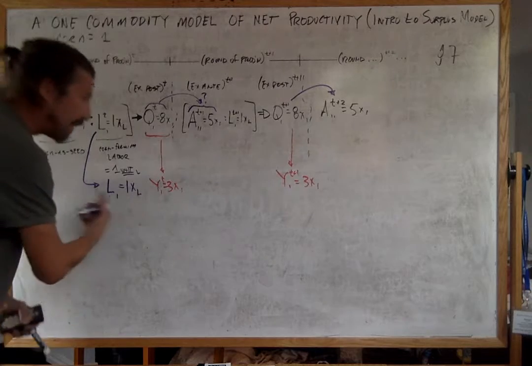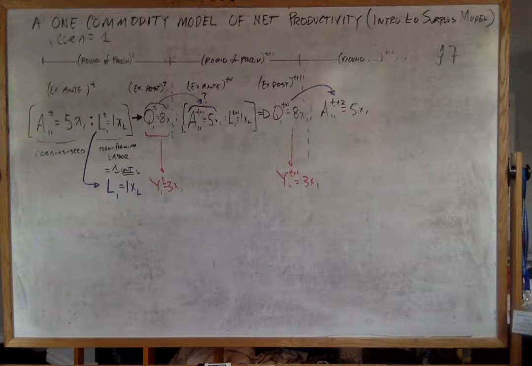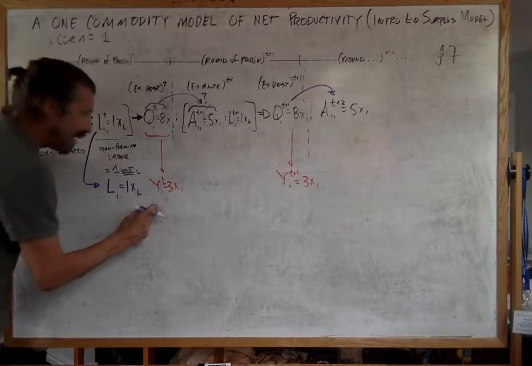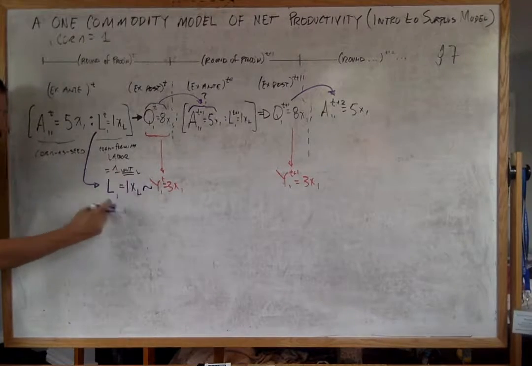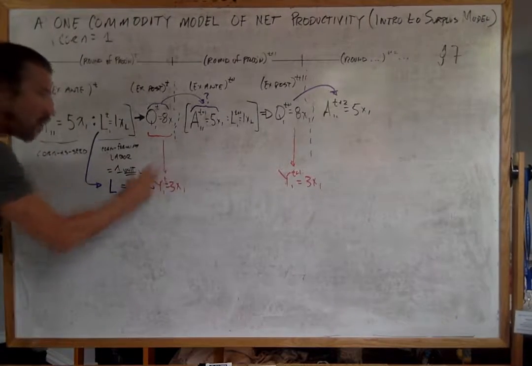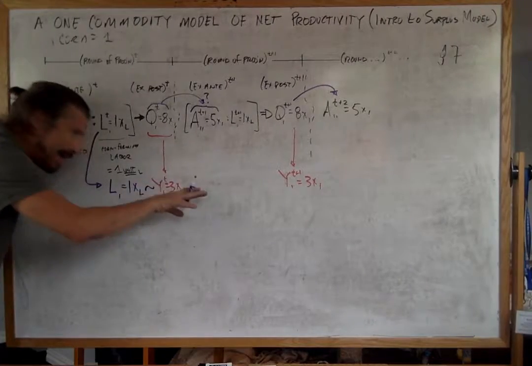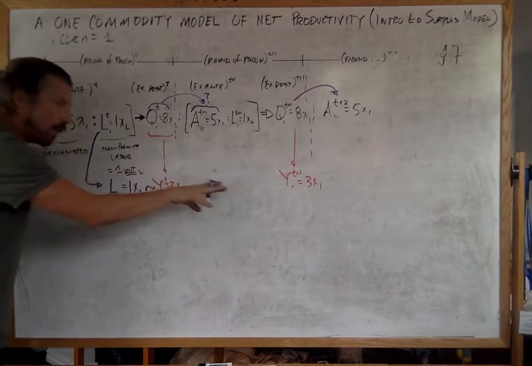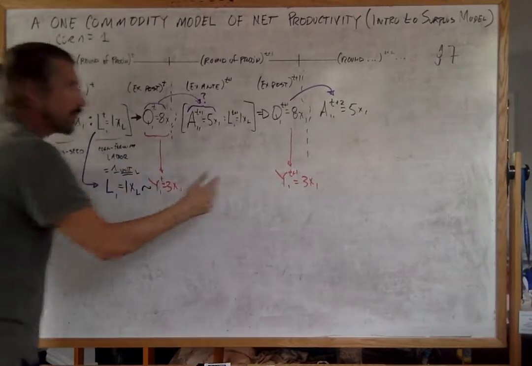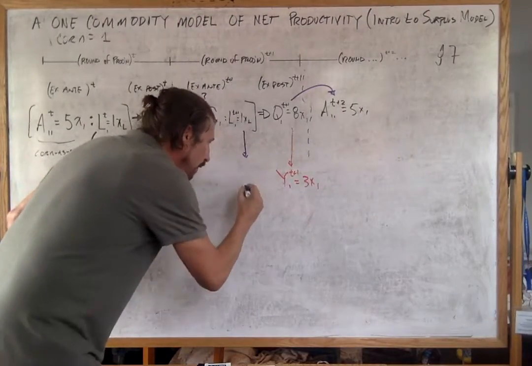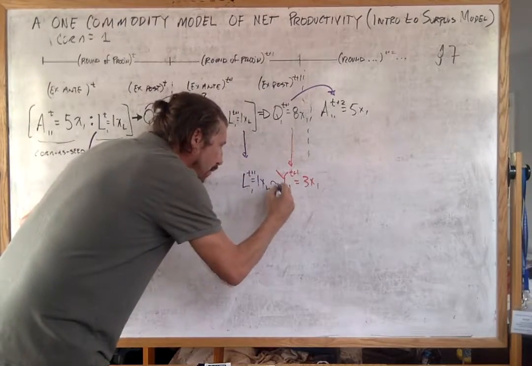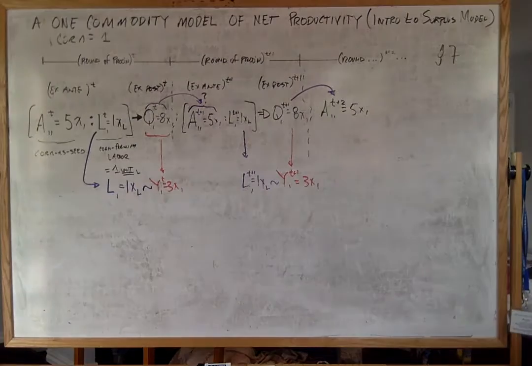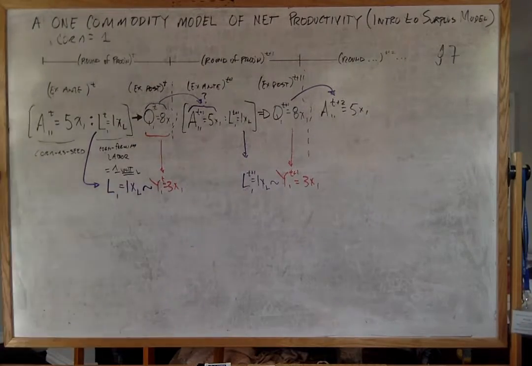This is the relationship that we find with the new interpretation and the Duménil-Foley approach to the transformation, because what's happening here is a congruency between the quantity of living labor as hours and the quantity of net output as quarters, in this case, as the physical structure of output. And so too, in every round of production, there's going to be L1 at T plus 1 equal to 1 labor unit, or 1 hour, congruent with respect to the net output.